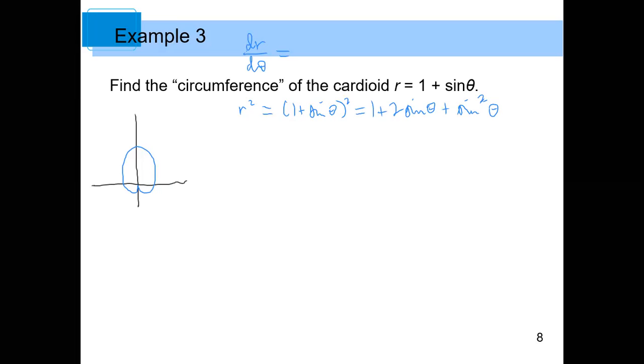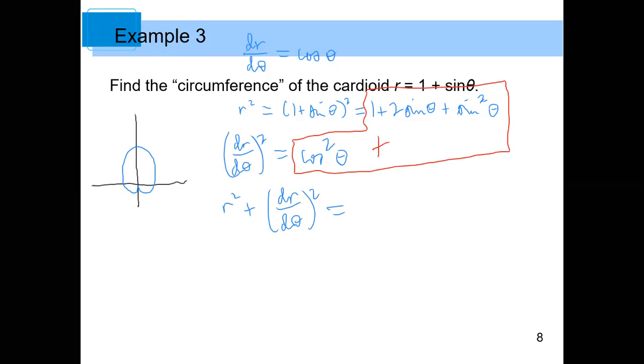Yeah, that's right. Which means that if I square this, dr d theta squared, which is what's going to be under the square root, that's going to be equal to just cosine squared of theta. Therefore, if I take r squared and add to it dr d theta squared, what do I get? Look, I'm adding these two things together.